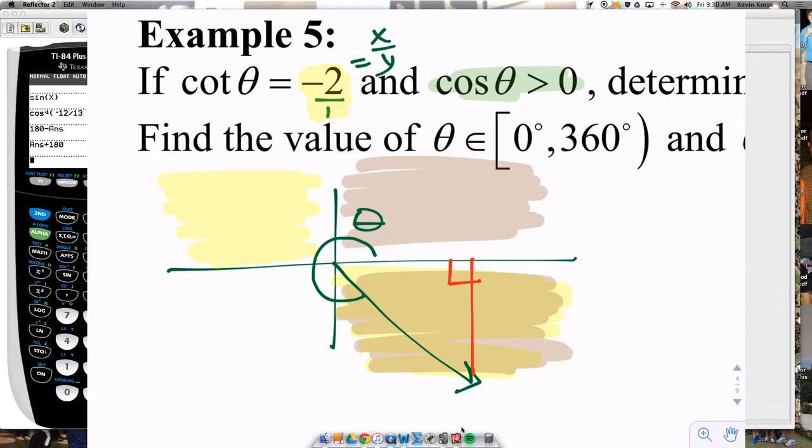Don't forget your theta. Second column, did it again.